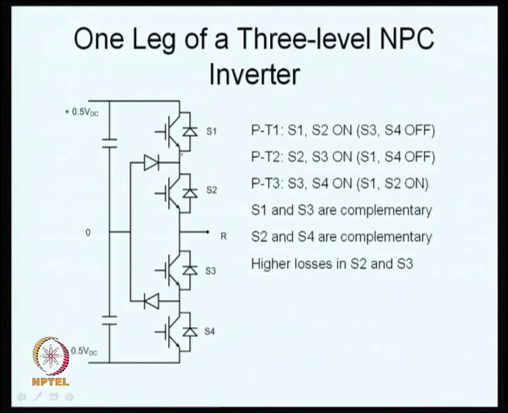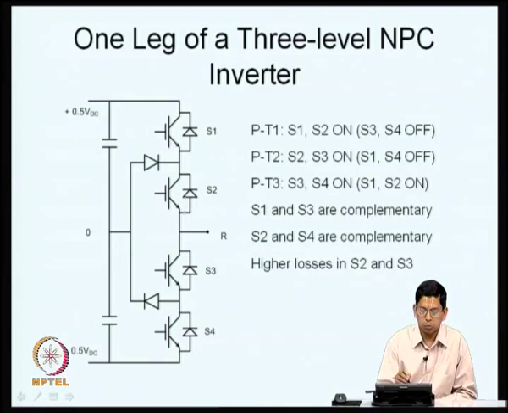It is a single pole triple throw switch. Either the top 2 devices are on and the bottom 2 are off. In that case, when the top 2 are on, this pole is connected to the top throw, or the positive DC bus. Again, you may have a situation where the middle 2, S2 and S3, are turned on, and that means S1 and S4, the extreme switches, are turned off.